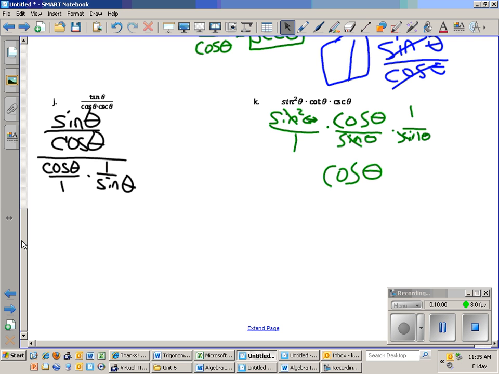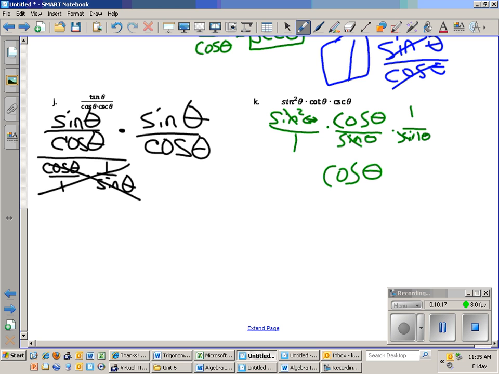Cosine over sine, right? And so I can say, well, I'm going to multiply by the reciprocal, which is going to be sine over cosine. Because we get cosine over sine on the bottom, so we can multiply by the reciprocal, and we get sine over cosine on top, right?